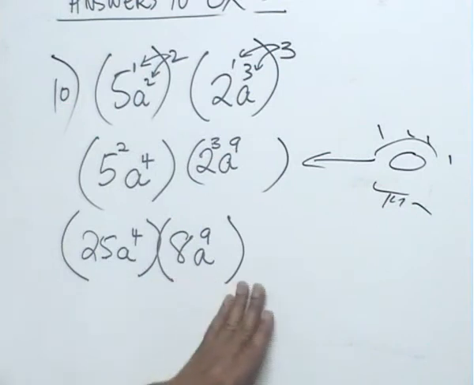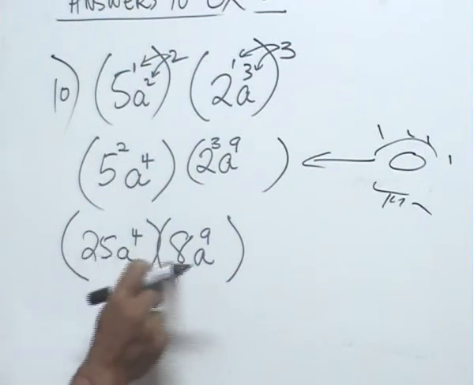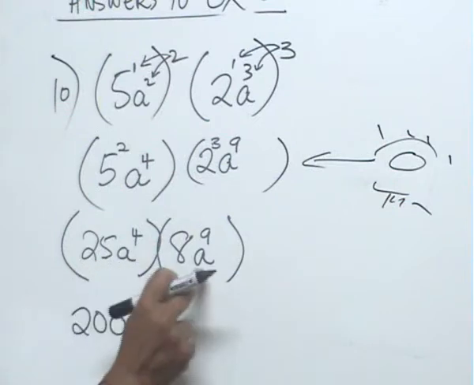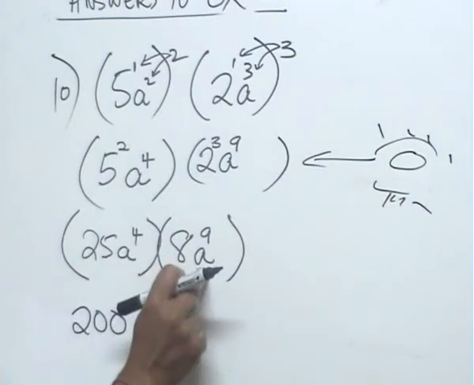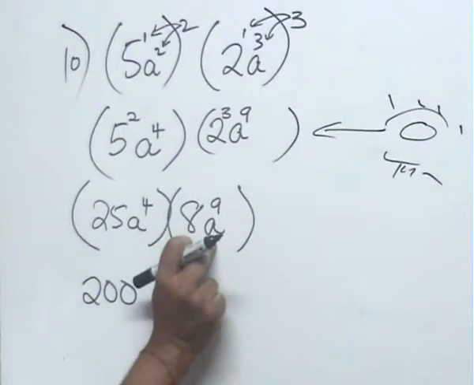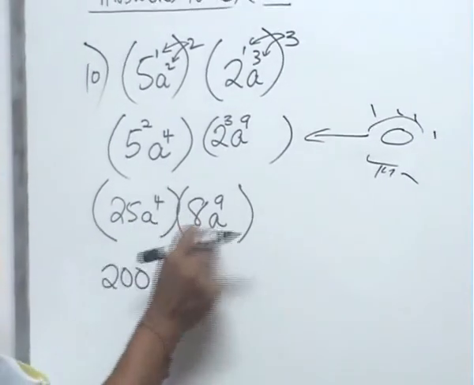Now, when you look here, you've got a number times a number. Now 25 times 8 gives you 200. And when you look at A to the 4 and A to the 9, these are 2 powers. The bases are the same. They are being multiplied. Therefore, now you're going to use the multiplication law here.